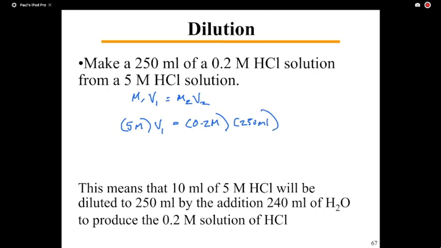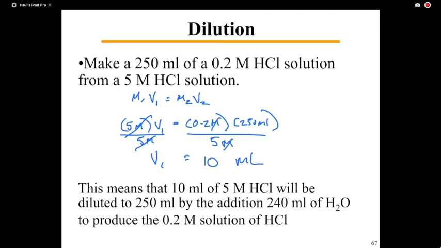Mathematically, divide this by 5. That cancels out, the molarity cancels out, and what I end up with is mils. V1, the volume 1, is going to be in mils. And when I do that calculation, mathematically I get a value of 10.